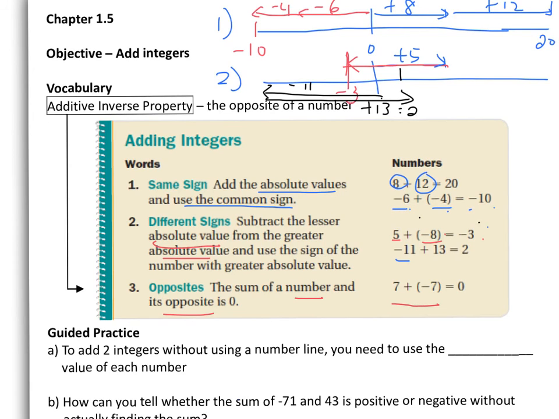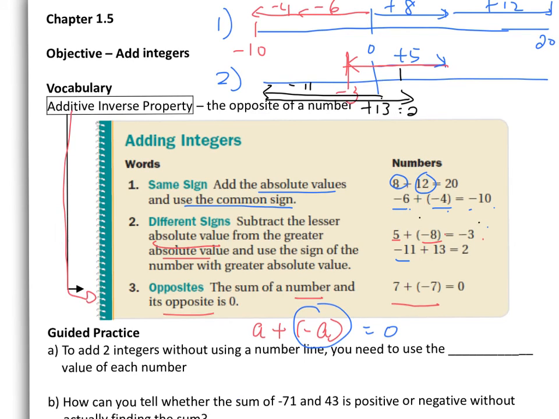And this takes us to the additive inverse property. This just simply means when you take a number and you add the additive inverse, the opposite of a number, you get 0.